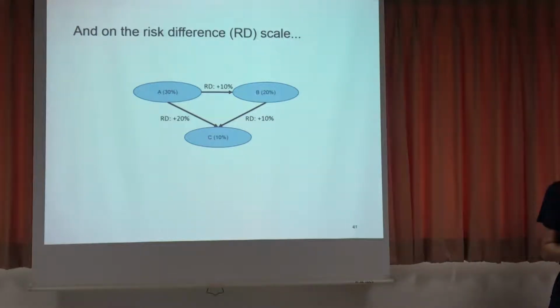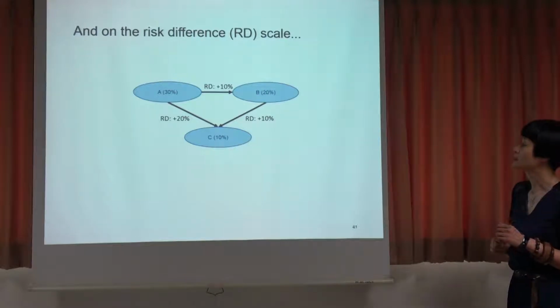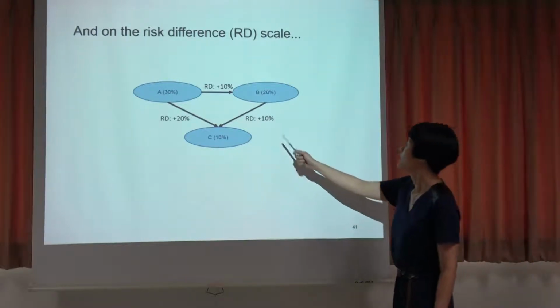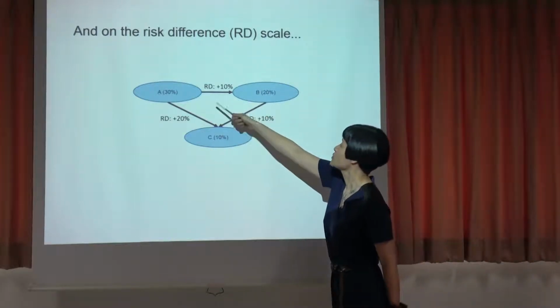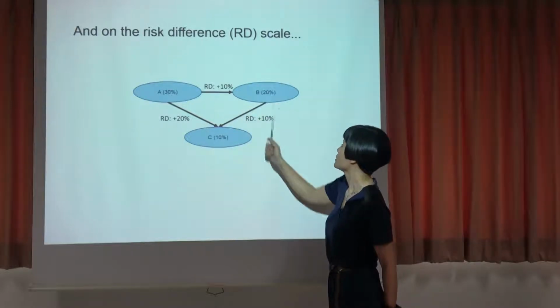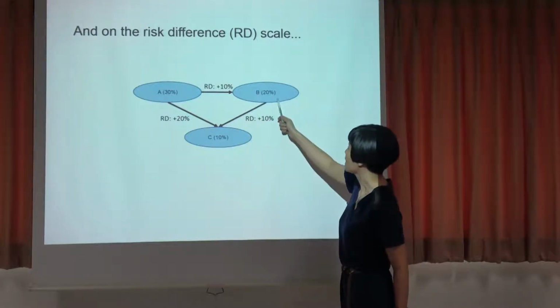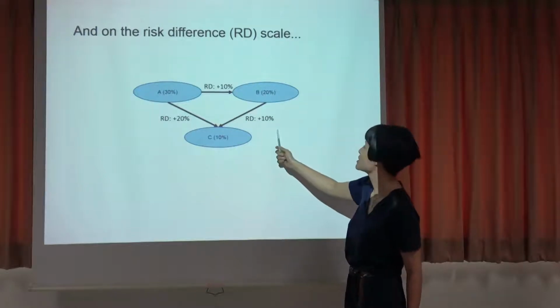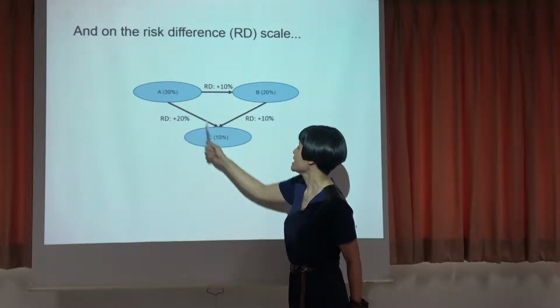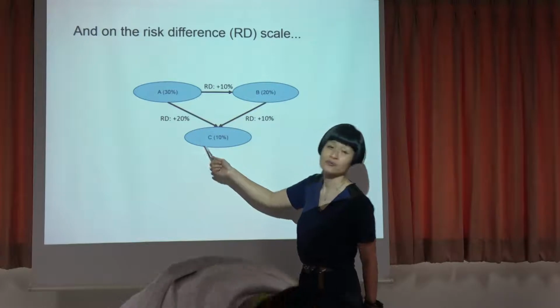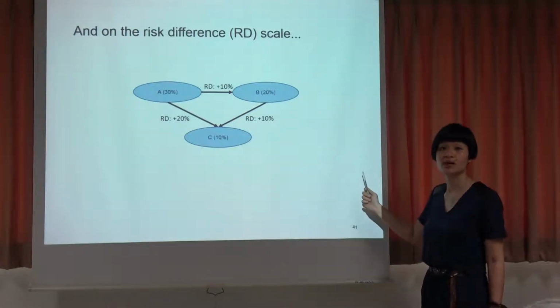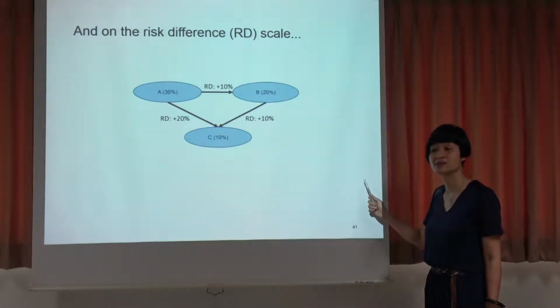Okay. Now, on the risk difference scale, comparing A and B, you get 10% gain. Comparing B to C, again 20% compared to 10, you get 10% gain. Comparing A and C, 30% and 10%, you get 20% gain in this 3-arm trial if you're calculating a risk difference.